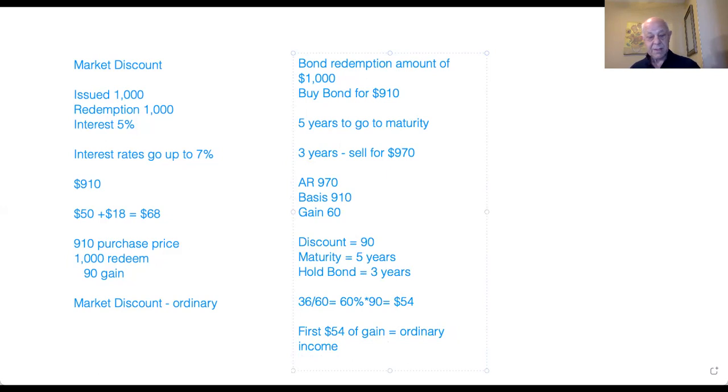And then the remaining $6, or whatever the remaining gain is, in this case it's $6, equals long-term capital gain.